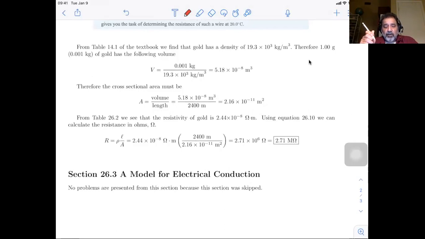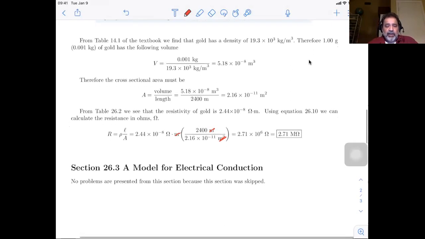So we'll see that we have m squared here, that cancels out 1 m and then the other m. And so all we're left with is ohms, and you end up with 2.71 times 10 to the 6 ohms, 2.71 megohms.